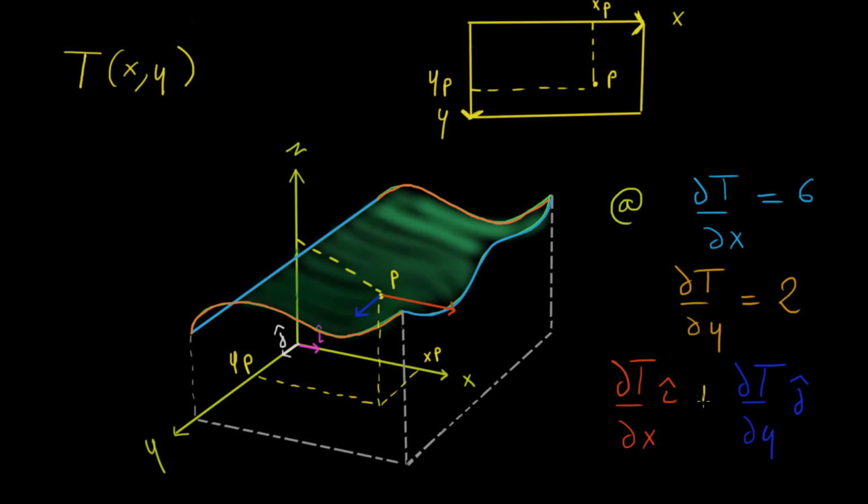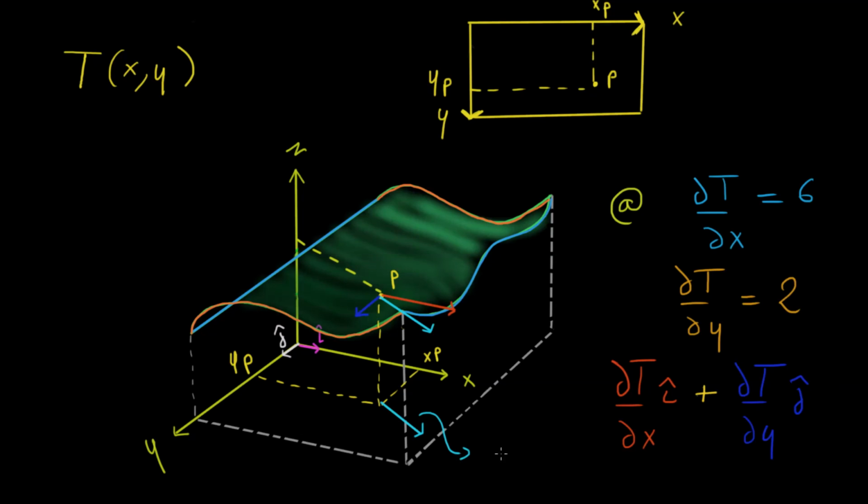Now we just need to add those two vectors to get the vector that will point us in the direction of maximum increase in temperature. So this vector will look something like this. And we can project it on the xy plane. It will look something like this.